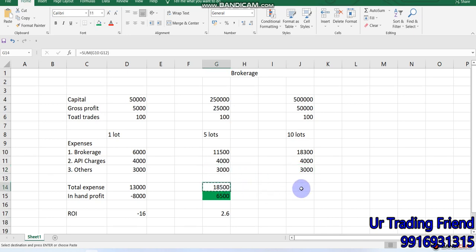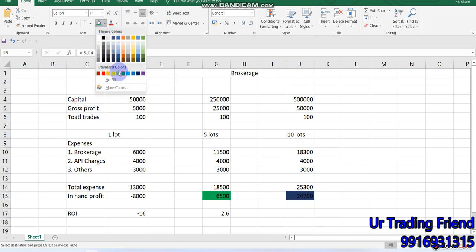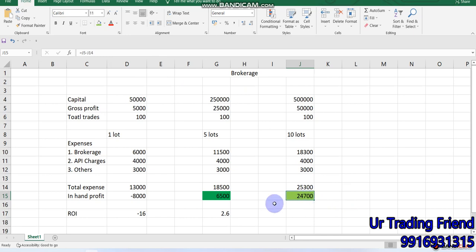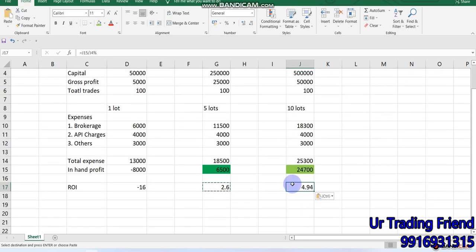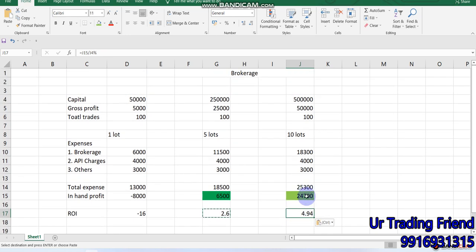What is your total expense? Here expense is 25,000, and what are you getting in hand? That is 24,000. It is still more green, right? And what is your ROI? ROI is 4.94%.